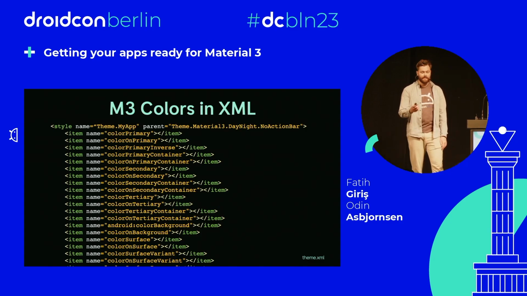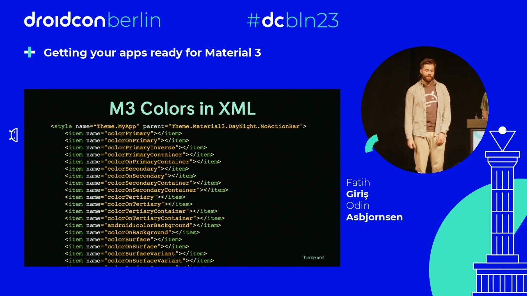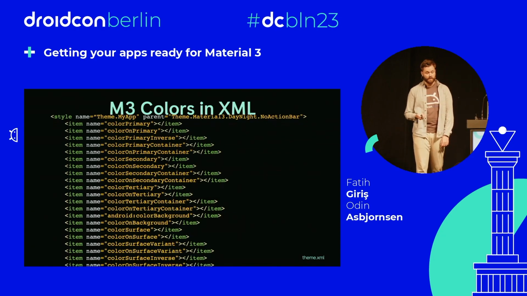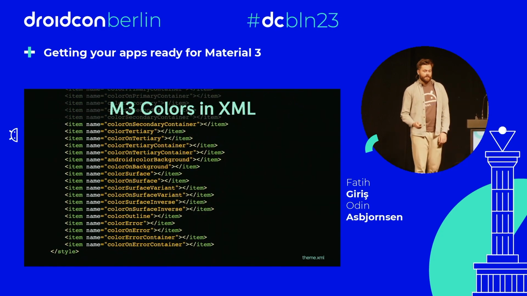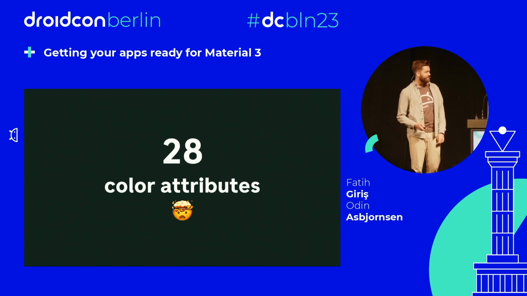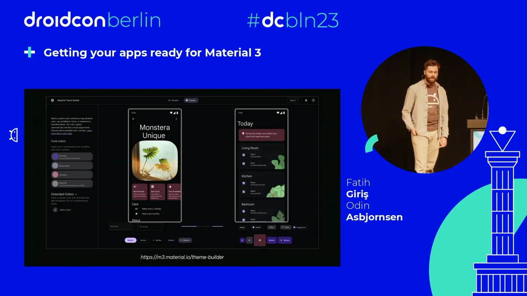You just have to extend the Material Tree theme in your parent theme, and then you have to set all of the same colors. There are actually 28 color attributes that you have to set, and you have to find out how you're going to map this to your color system and how that's going to work in your application. How are we going to know which color attribute is affecting which component?